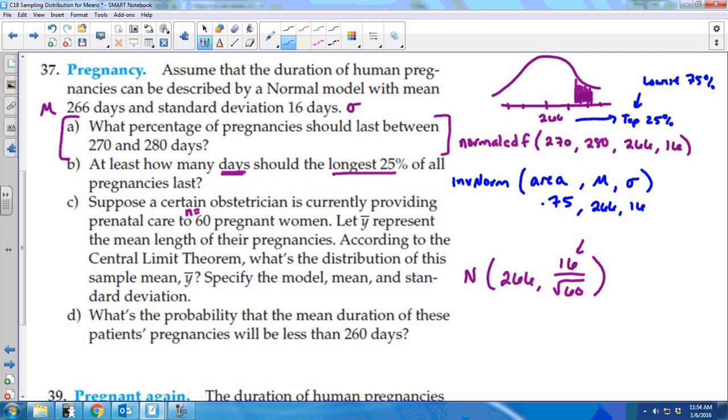On D, what's the probability that the mean duration of these patients' pregnancies will be less than 260 days? That means we're going to have to use the normal model, so we need to check the conditions. I'm just going to do them verbally right now. We assume independence. Okay? Is randomization employed?